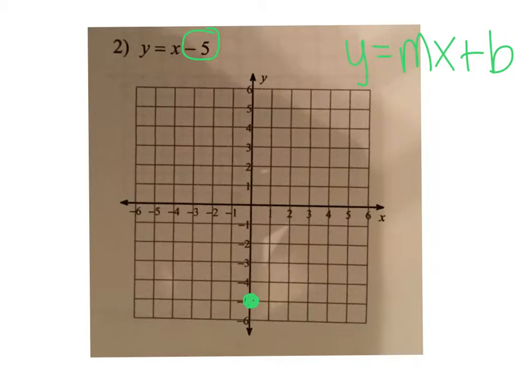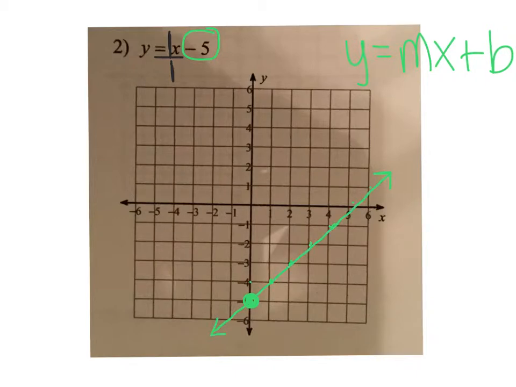And then what you need to remember is that in front of this x, there's an imaginary 1, or a better way to look at it is an imaginary 1 over a 1. So now that I have my y-intercept of -5, my slope says 1 over 1. So I'm going to go up 1 and over 1. Up and over, up and over, up and over. So my beautiful line is right there.